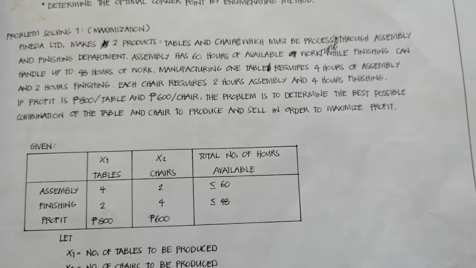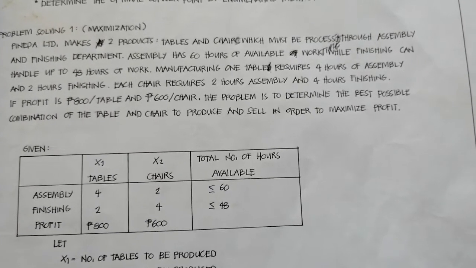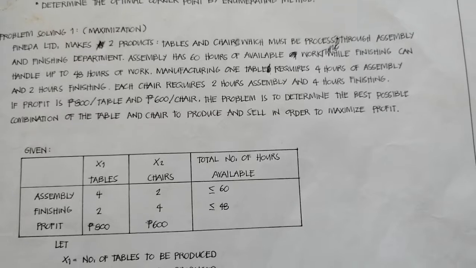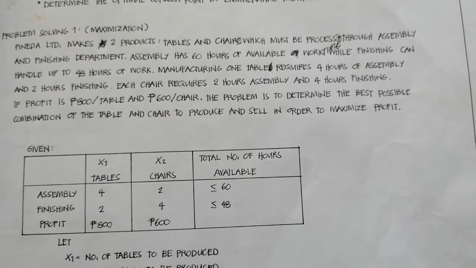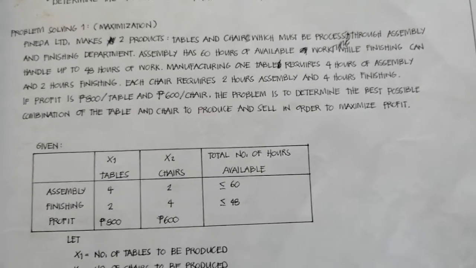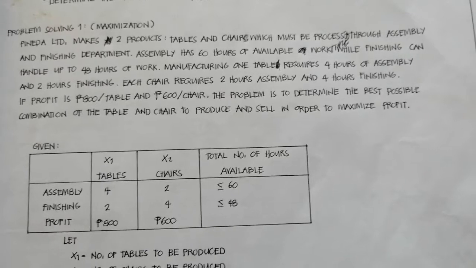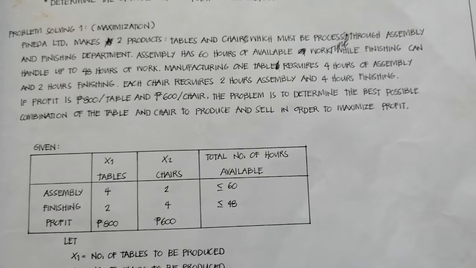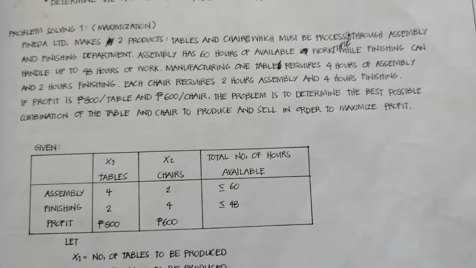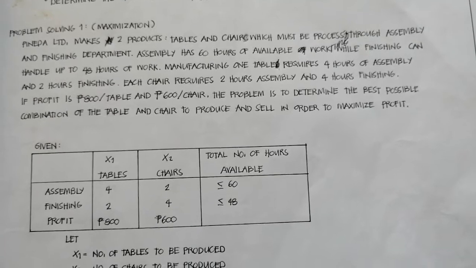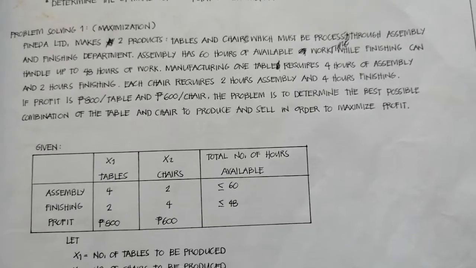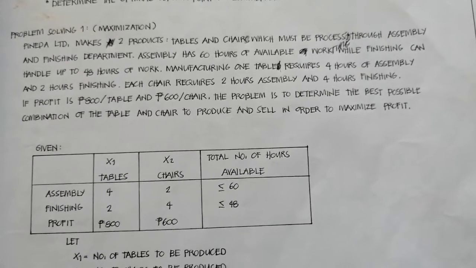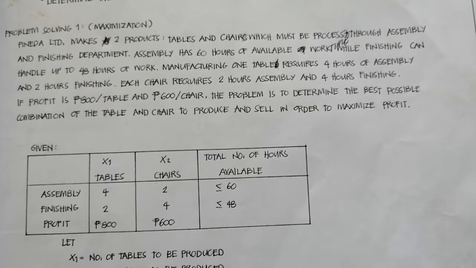Manufacturing one table requires 4 hours of assembly and 2 hours finishing. Each chair requires 2 hours in assembly and 4 hours in finishing. If profit is 800 per table and 600 per chair, you have to determine the best possible combination of tables and chairs to be produced in order to maximize profit.